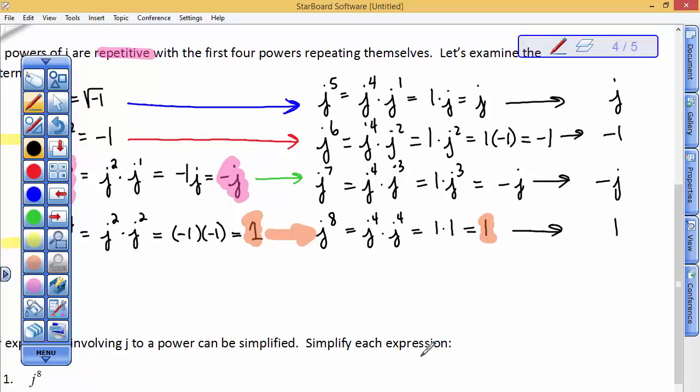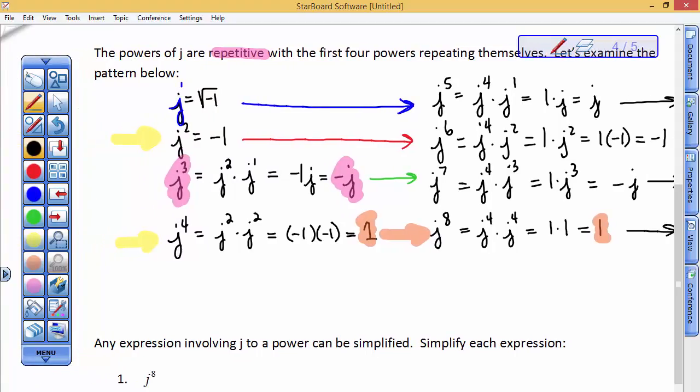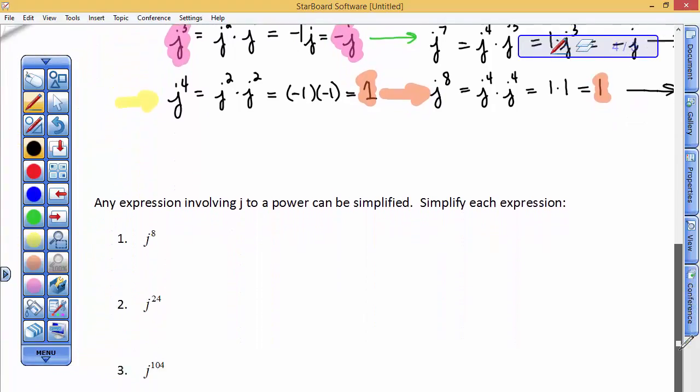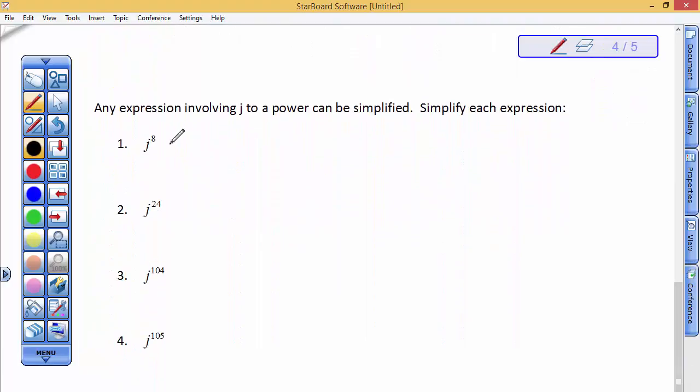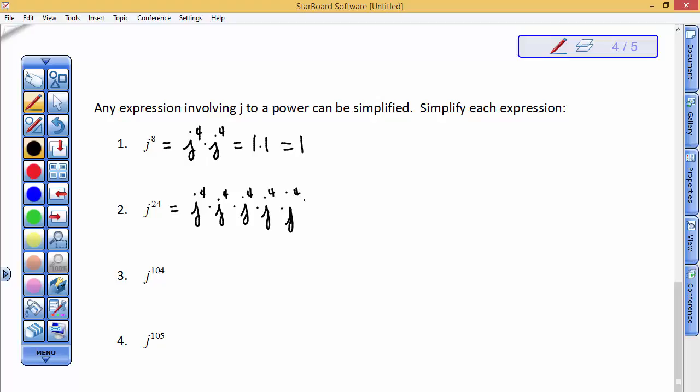But anything that's got an exponent of 4, so j to the 8th, is j to the 4th times j to the 4th, which is 1 times 1, which is 1. I hope you won't make me write this out, but j to the 24th is j to the 4th times j to the 4th times j to the 4th times j to the 4th times j to the 4th times j to the 4th, because when I add up all those 4s, 6 of them, I get 24.